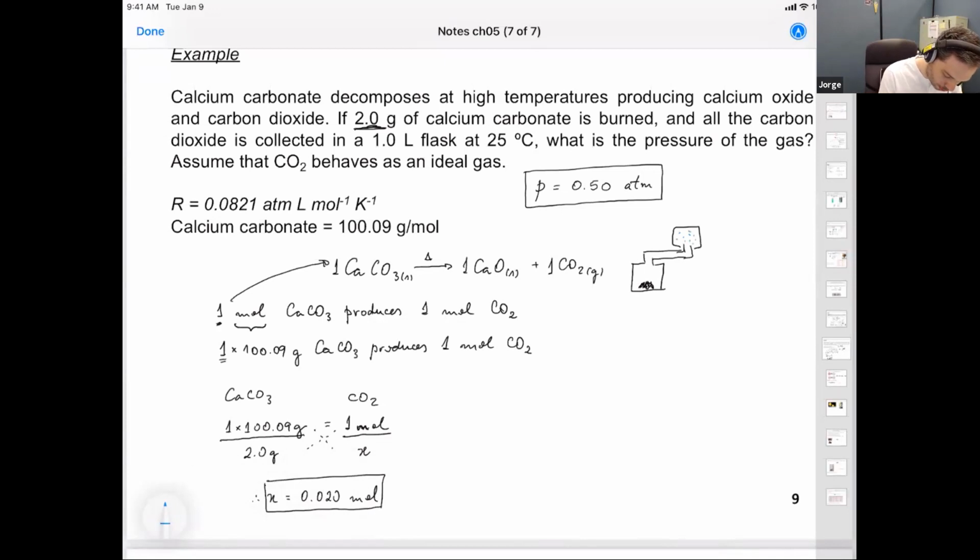And we know that the volume of the flask is 1 liter. Temperature is 25 degrees. And we know that the number of moles of CO2 that we have trapped here is 0.020 mole. Of course, the molecules of the gas are moving in a random way. Eventually, they will collide with the walls of the flask, and that will create pressure. And that is what we are looking for.